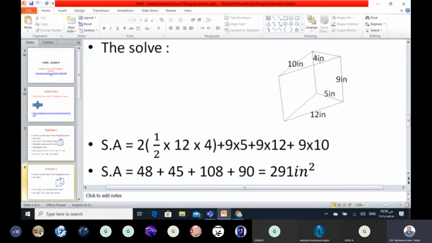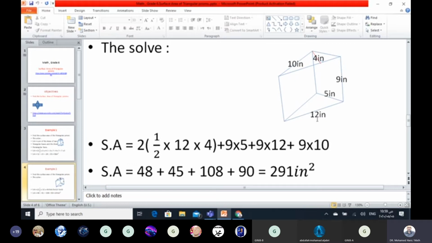Plus the first rectangle, as you see with me here, this is the length and this is the width. To solve the area of the rectangle, just multiply length times width: 9 times 5. Plus the second rectangle, the big rectangle, we have the length 12 and the width 9.